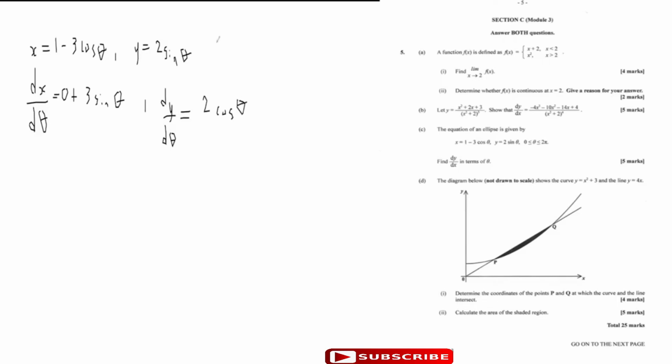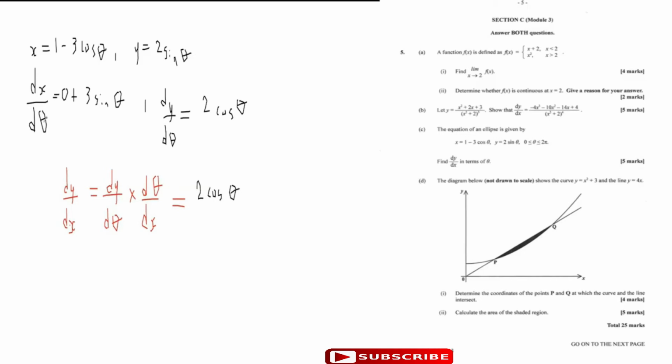So what is left to do? The only thing left to do is to find dy/dx. dy/dx is equal to dy/d theta times d theta/dx. So dy/dx is dy/d theta, which is 2 cos theta, multiplied by d theta/dx.